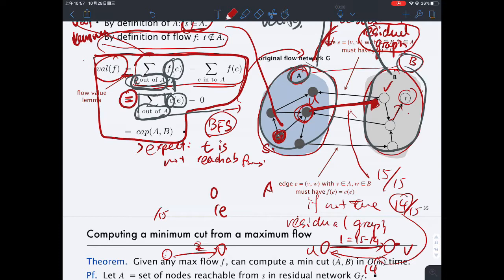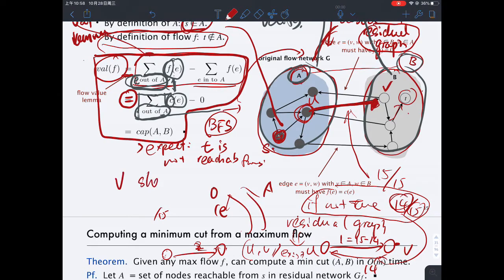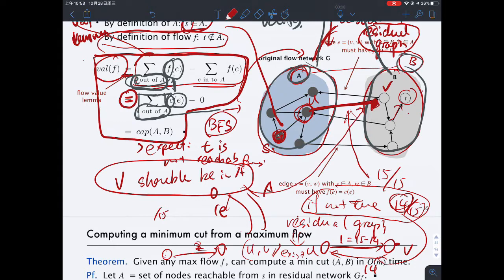That basically means that this edge would exist in the residual graph. In case this is not true, we are not fully utilizing all the capacity, then in the residual graph the UV edge exists. When the UV edge exists, that also implies that V should be in A. This contradicts the fact that this is a cut.